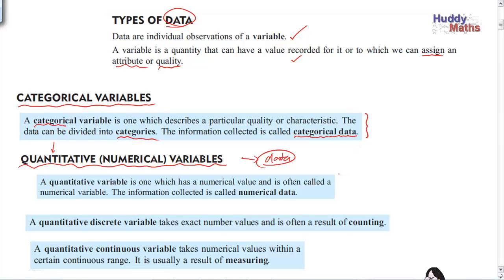Okay, so a quantitative variable is one which has a numerical value, a number, and it's called numerical data. All right, so that's what you're used to, I guess. In a minute, I want you to pause the presentation and write down all these definitions. This is our language, starting to build up our tools for statistics in mathematics there.